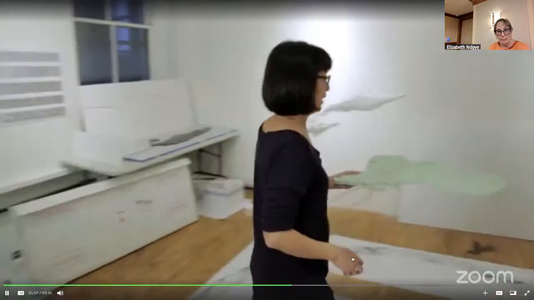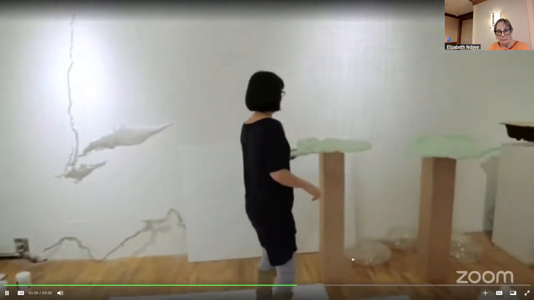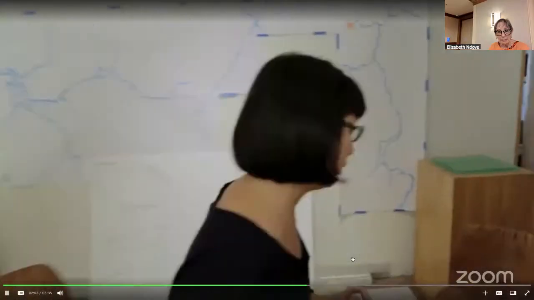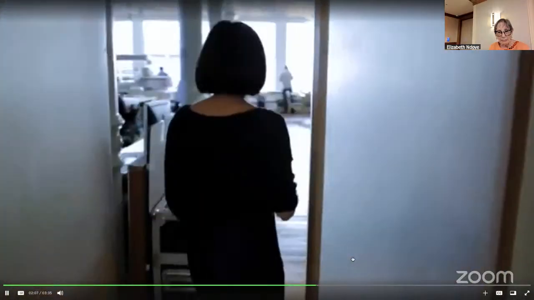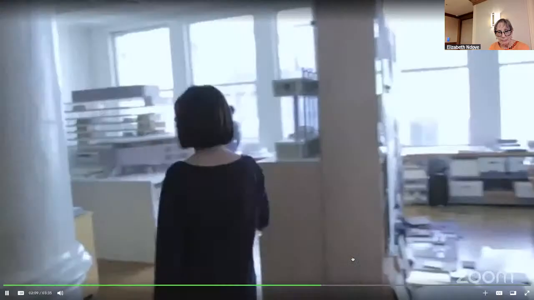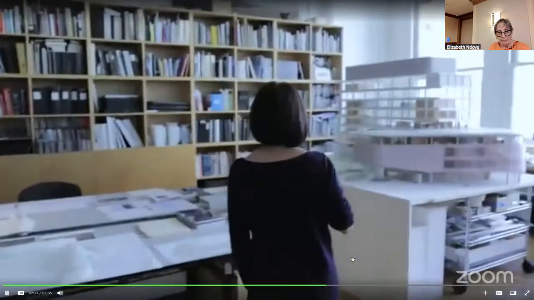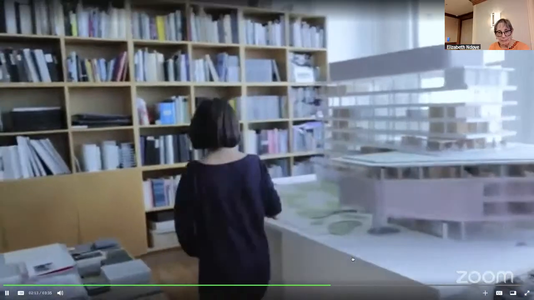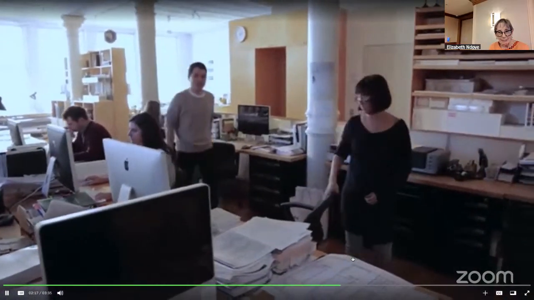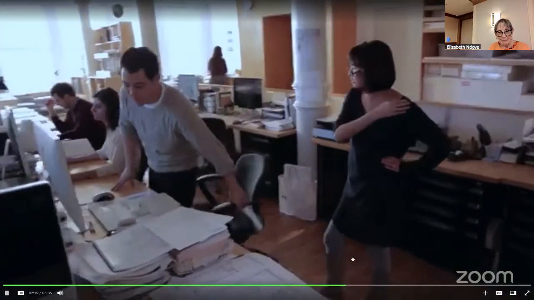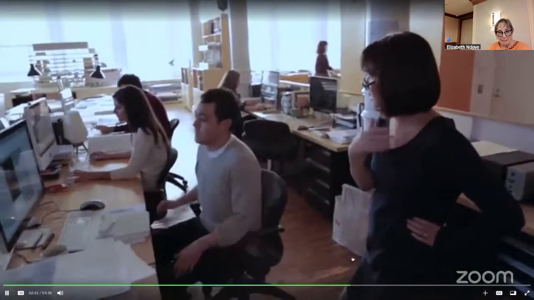I love the smaller scale works because I can make them here with my team. They're both artists and architects working for me, but the architectural assistants are the only ones that can take this data from the map makers, convert it, and then send it to the printers. This is Nick Croft, by the way. Can you just walk them through some of the analysis and studies that have to go on?